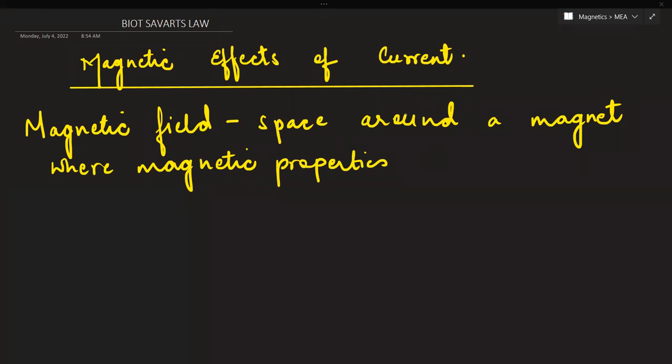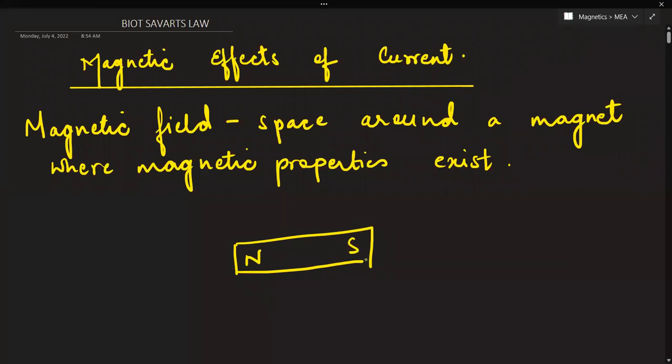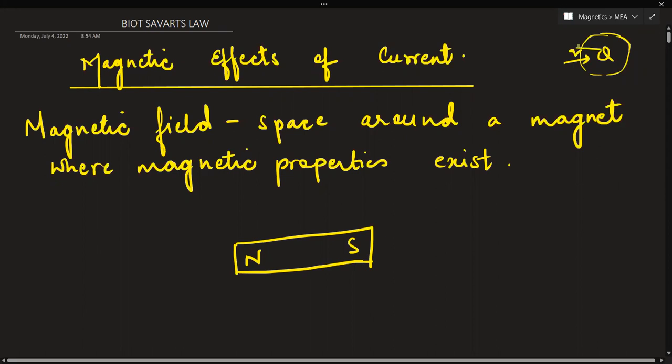So magnetic field is what? It is the space around a magnet where magnetic properties exist. So easy, similar to whatever you have studied now. Let's take an example. See, this is a magnet. This is a typical bar magnet that I have taken. The way, if you remember, a charge had this space, and if you bring any small charge over here, then you can feel the forces of repulsion or attraction.